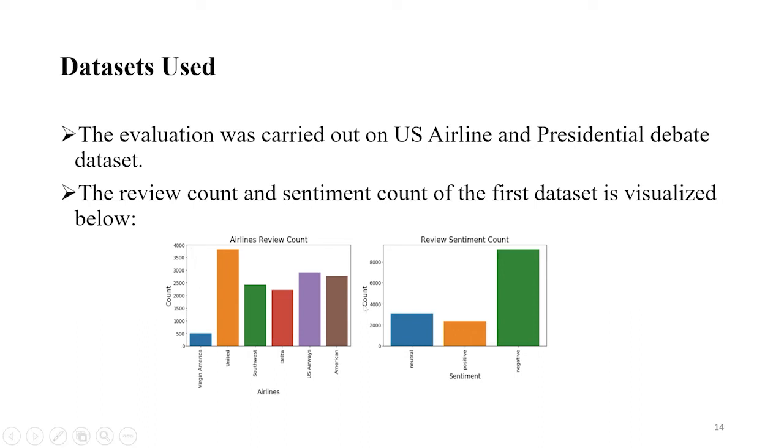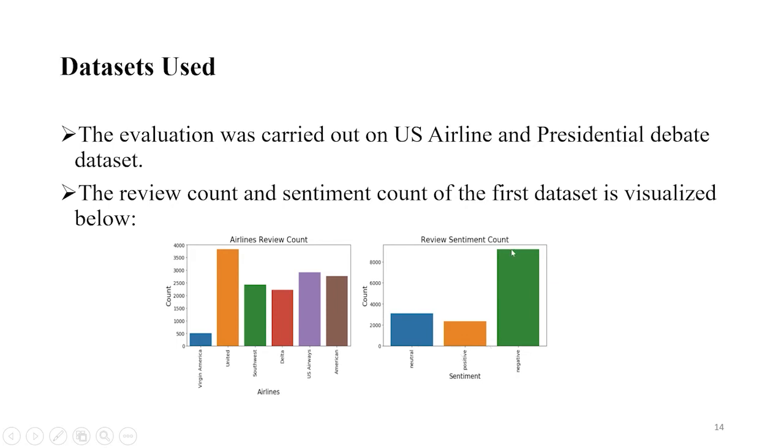So here is the count and sentiment. There are three sentiments given: neutral, positive and negative. Around 3,000 passengers have given neutral comments. Less than 3,000 passengers have given positive comments.